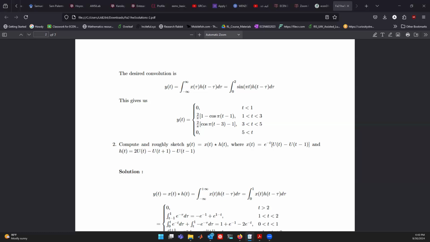So this is the input evaluated at tau, and this is the impulse response time reversed and shifted, time reversal and shift.